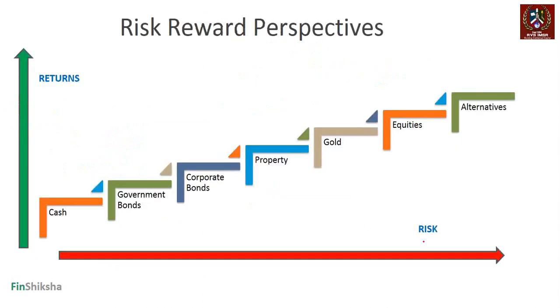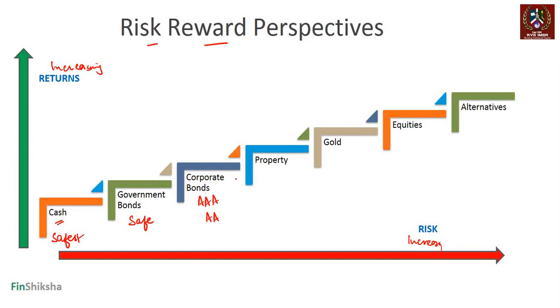So let's summarize what we have done so far in terms of your risk and reward perspectives, in the order of increasing risk from left to right, and in the order of increasing returns from left to right. You start with cash, which is the safest instrument, then government bonds, which are considered safe, then corporate bonds for major corporates, and typically here we would include AAA, AA, these kinds of bonds.